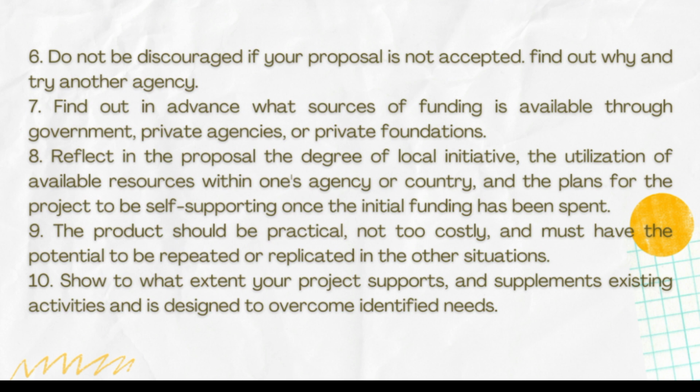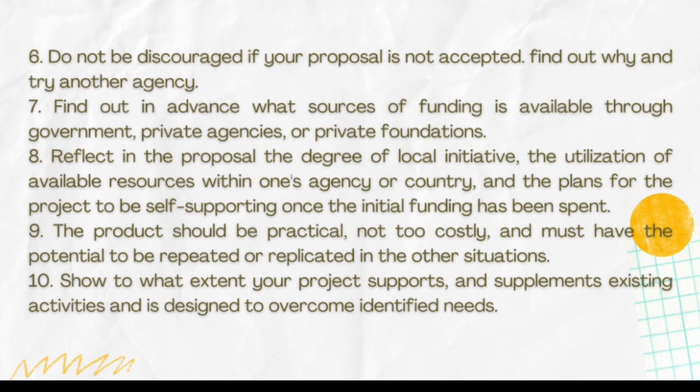Seventh, find out in advance what sources of funding are available through government, private agencies, or private foundations. Eighth, reflect in the proposal the degree of local initiative, the utilization of available resources within one's agency or country, and the plans for the project to be self-supporting once the initial funding has been spent.